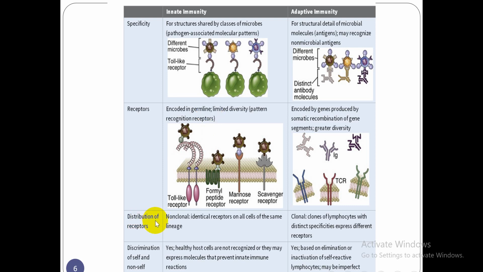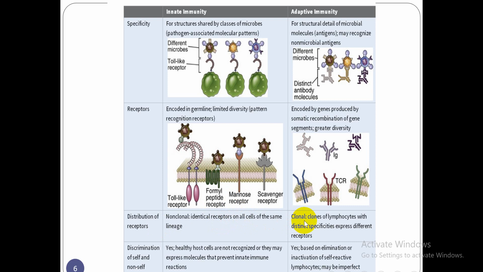About the distribution of the receptors, the cells of innate immunity have receptors that have a non-clonal distribution. In other words, we have identical receptors on all cells of the same lineage.